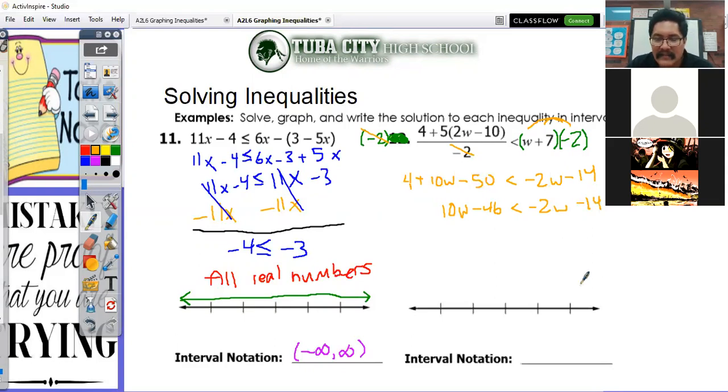Now I need to pick a side for the w to go on. Which this is going to be a pretty straightforward choice, because if I plus 2w to both sides, it's gone from this side, and it stays positive, and it goes to the left, which is the side I want it to be on.